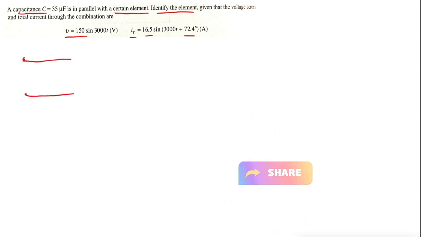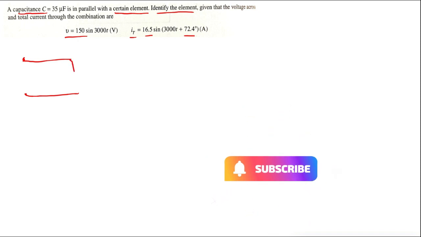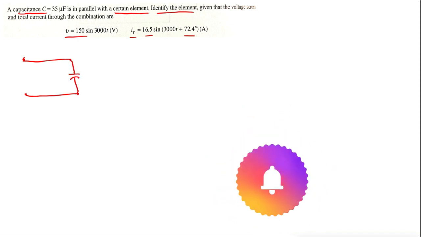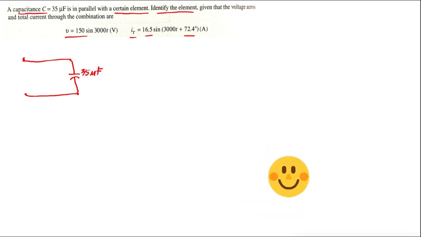Suppose you have this figure and there is a capacitor here. Again, this is 35 microfarad. So we are to have this element in parallel with this capacitor.